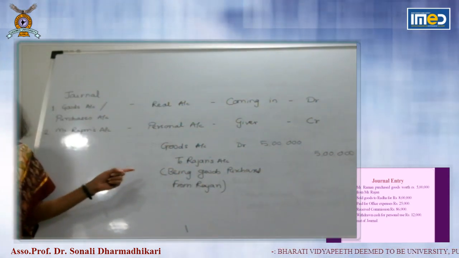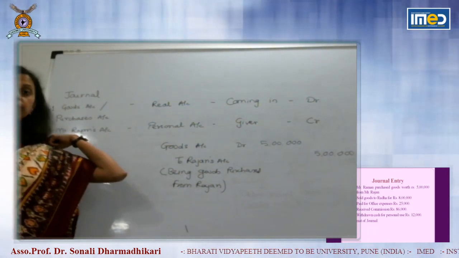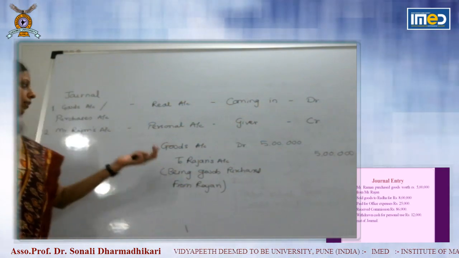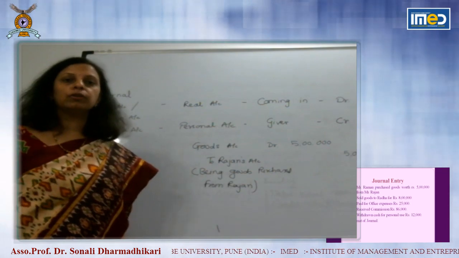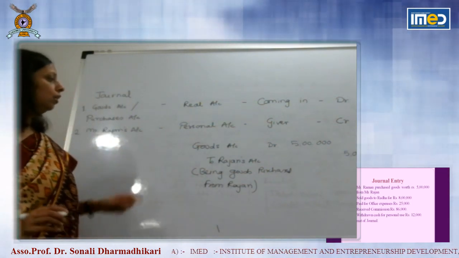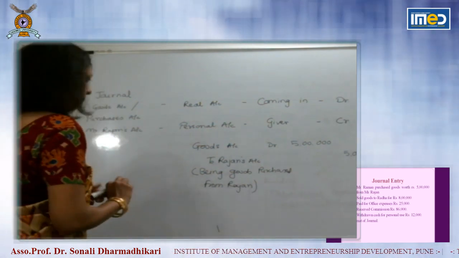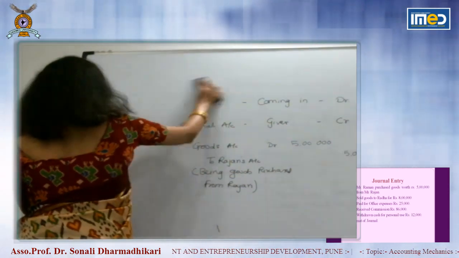The amount is not written in the narration. So the narration is being goods purchased from Rajan. So this is called a journal entry. Now afterwards we are going to see the classification of goods account. We will take one more example.